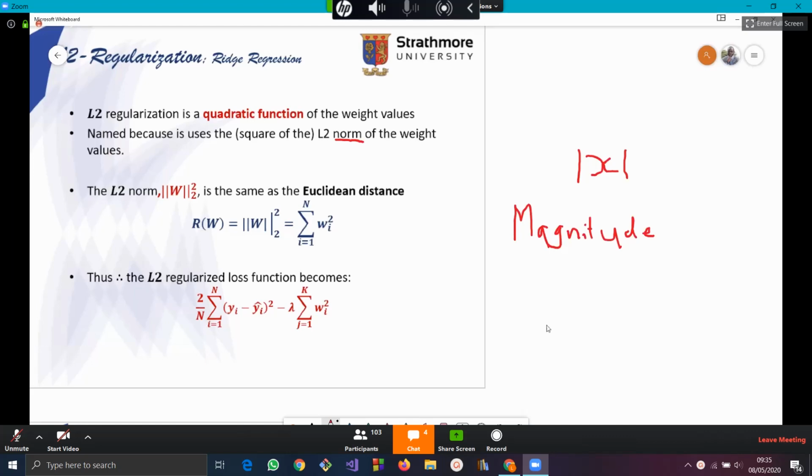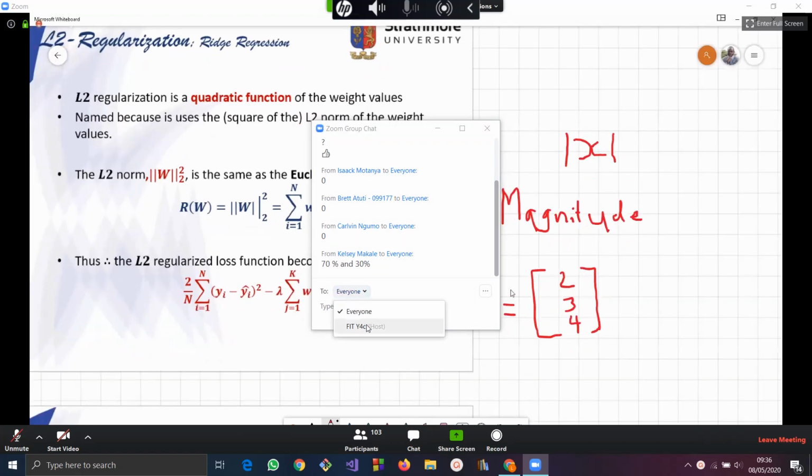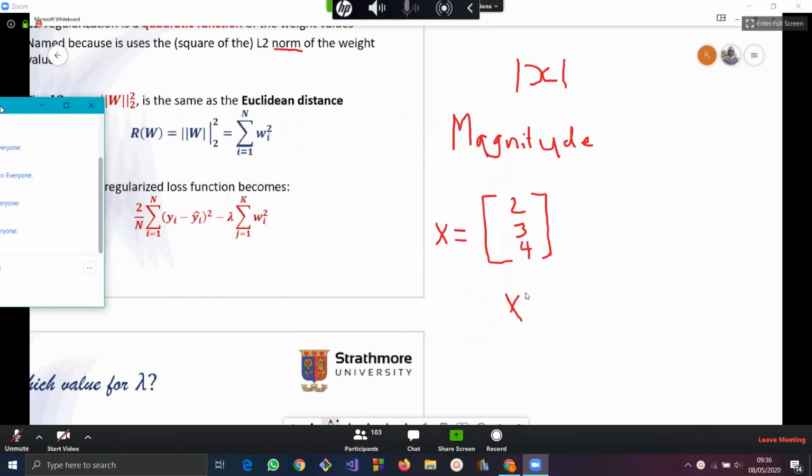Easy. Let's say we have a vector 2, 3, 4, and you're asked to get the second norm. Let's say this vector is called vector x. So the second norm, this is how norms are written, will be written as x with a double bar, like this.